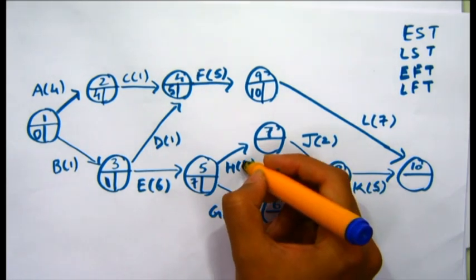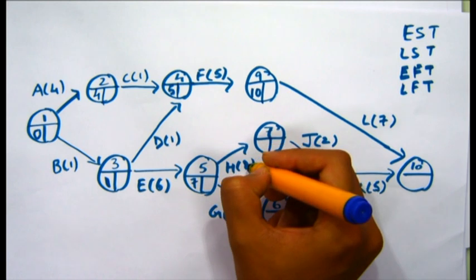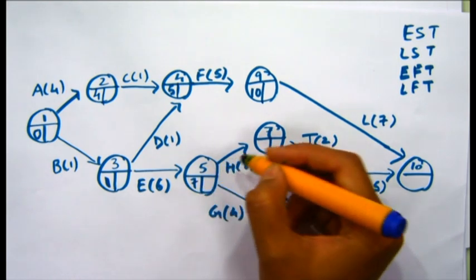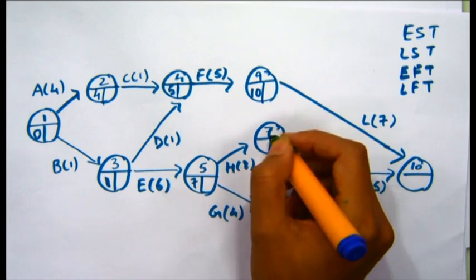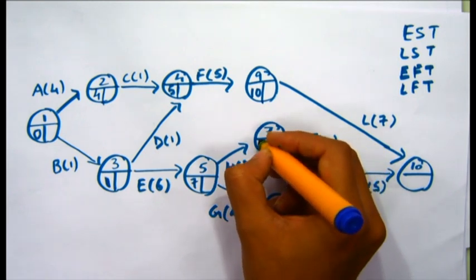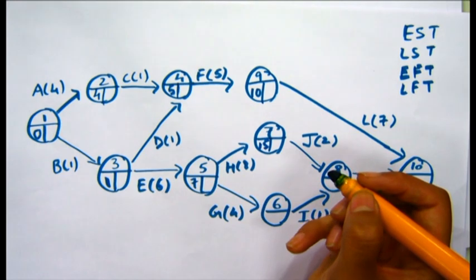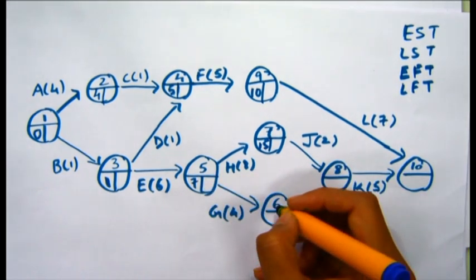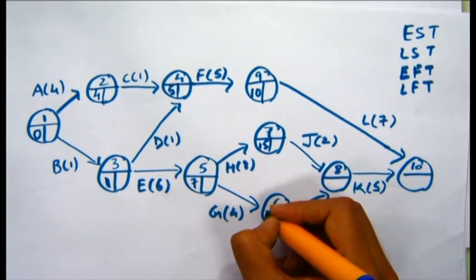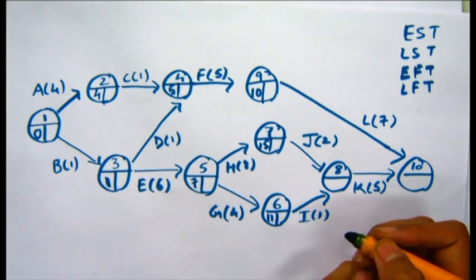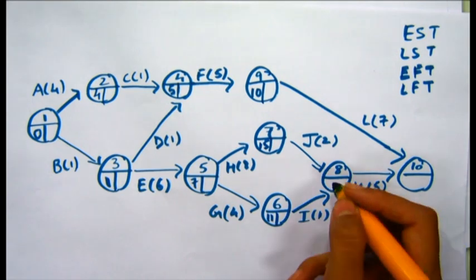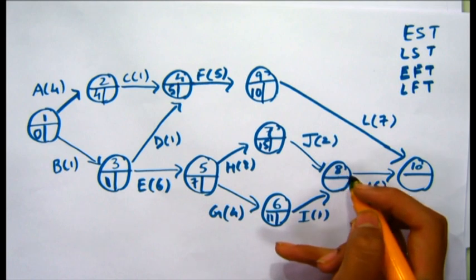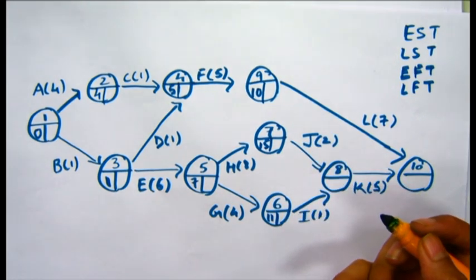Moving on, this is 8. When we similarly add the duration for activity H to its earliest start time, we have here 15. And here we would have 11. Now the question arises when we have the merge of events.